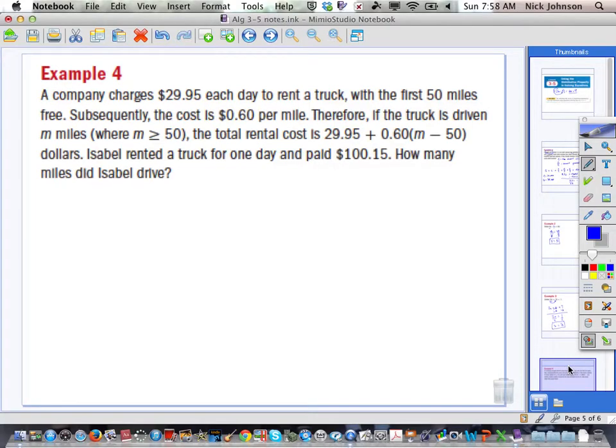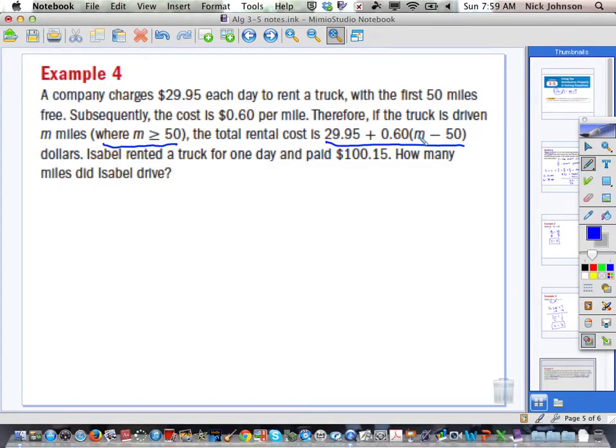Example 4. A company charges $29.95 each day to rent a truck, with the first 50 miles free. Okay, so it doesn't cost you nothing to drive the first 50 miles. Subsequently, the cost is 60 cents per mile. Therefore, if a truck is driven M miles, where M has to be greater than 50, the total rental cost is $29.95 plus 60 cents for every mile over 50.